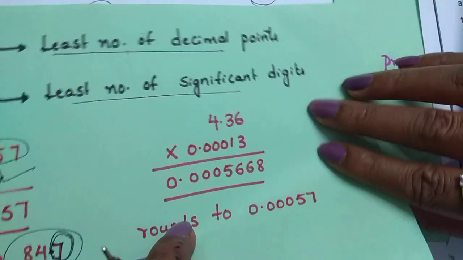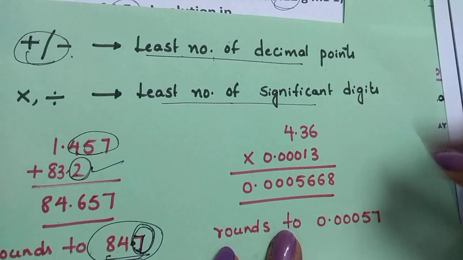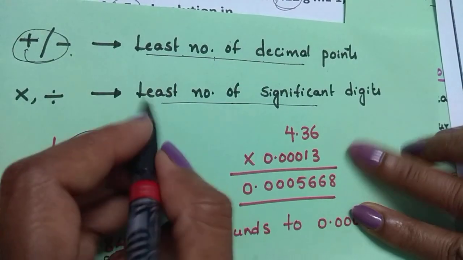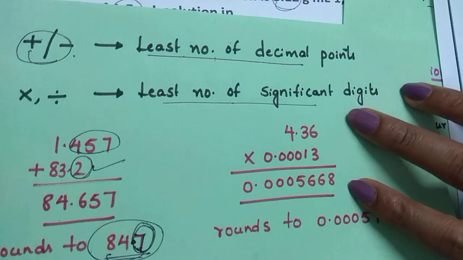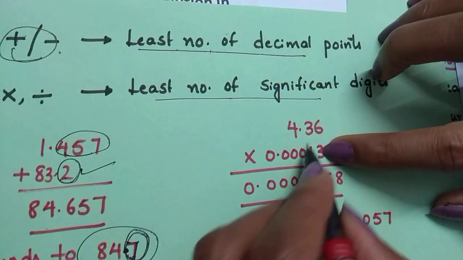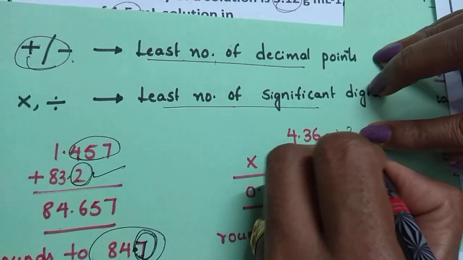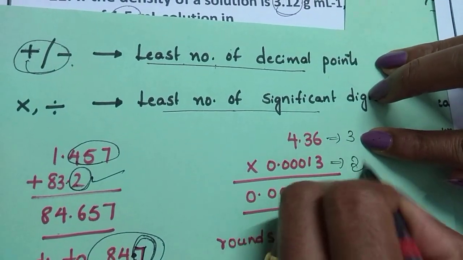Okay. And now check in case of multiplication or division. When we are doing multiplication or division, you have to see based on the least number of significant figures. Check here, how many significant figures here, total 3 significant figures. Here how many significant figures? 2 significant figures.